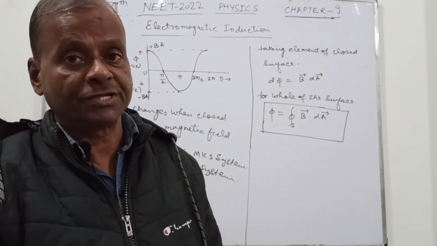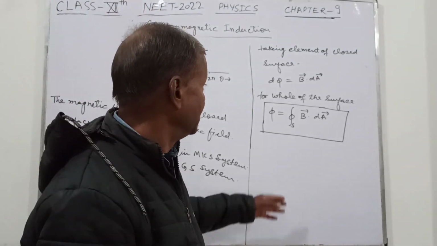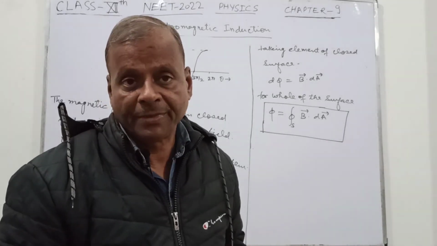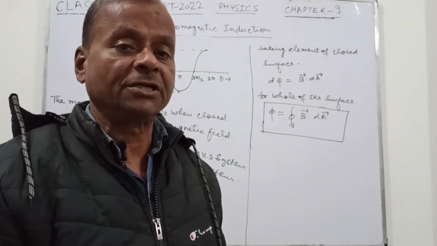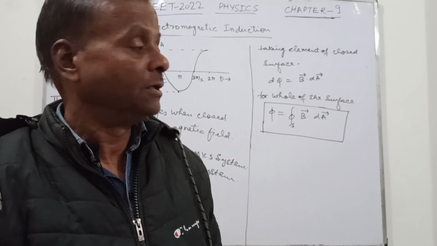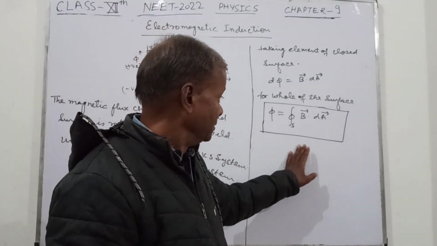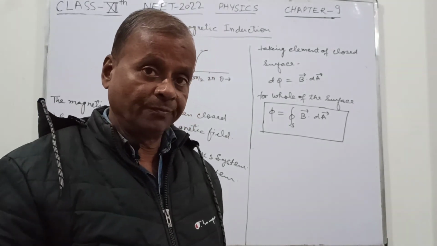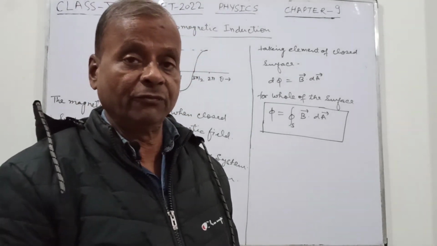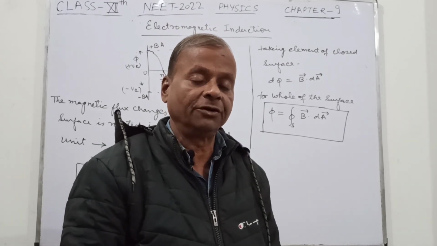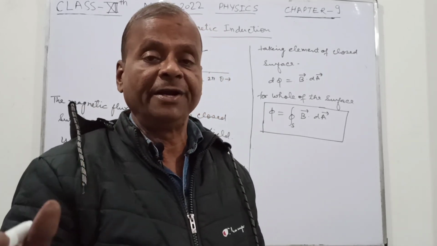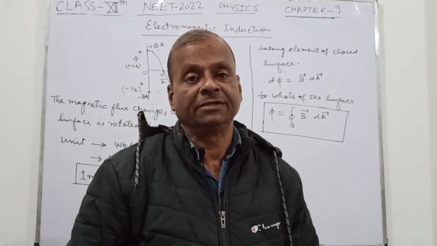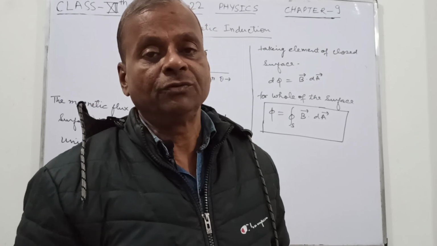Many questions will be there, and you can solve them using this formula, B dot dA. If the surface has only a single area, we use B dot A, and when we take the element area, it is B dot dA. In this way we can find the magnetic flux. So thank you very much.